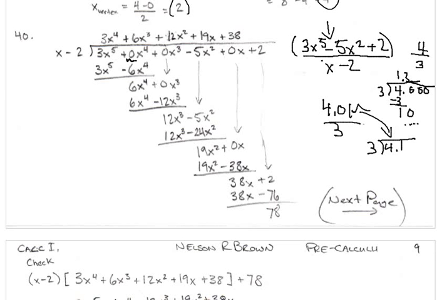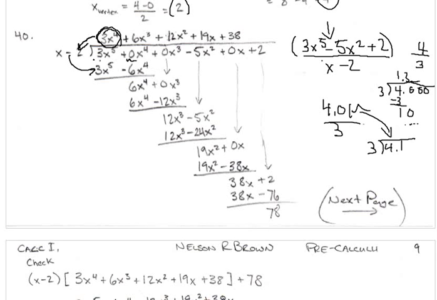So 3x to the fourth will give me 3x to the fifth. So I take this and multiply it by x, and I get 3x to the fifth. Let me erase this so we can still see that. Then you have to multiply it by your negative 2, and this gives us negative 6x to the fourth.